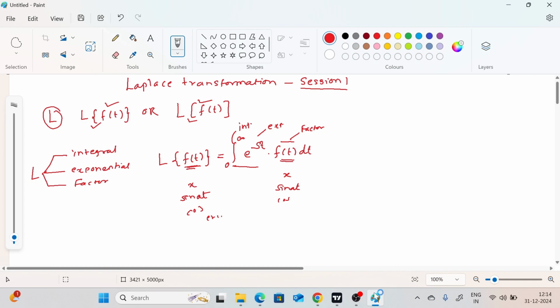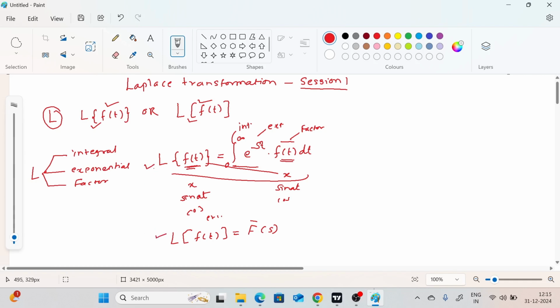Now, the equation of Laplace is this one, but Laplace is also denoted by Laplace of f(t) is equal to f bar of s. Means Laplace is denoted by either this way or this way.